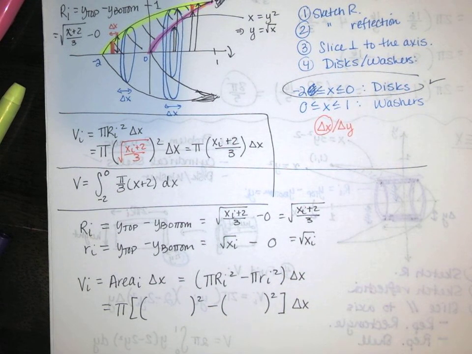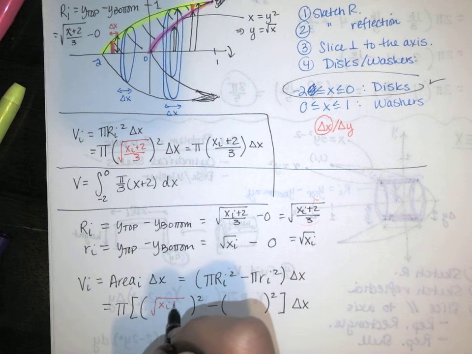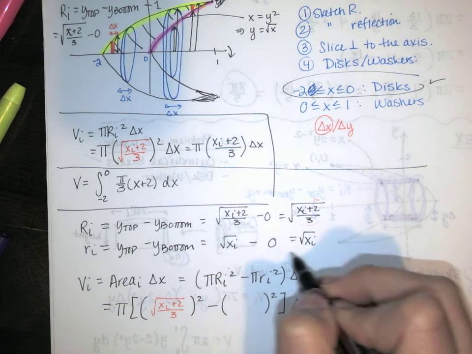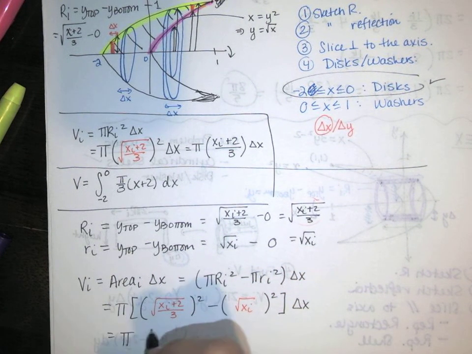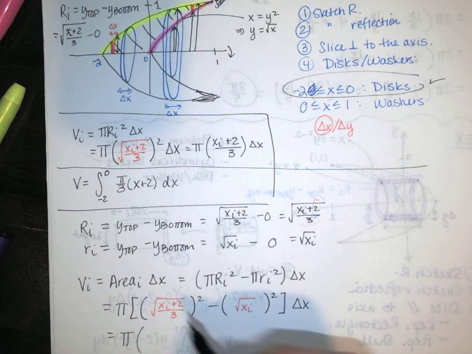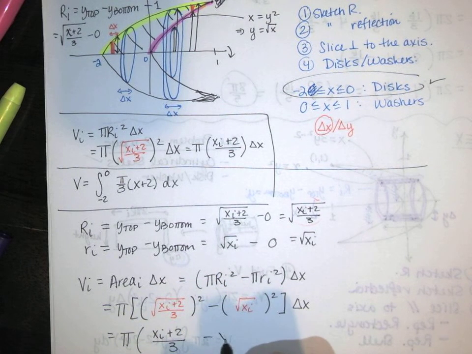It turned out that the outer radius, the large radius, was that. The inner radius was that. And if we square those, it actually simplifies quite nicely. The square root and the squaring function undo each other. We end up with this.